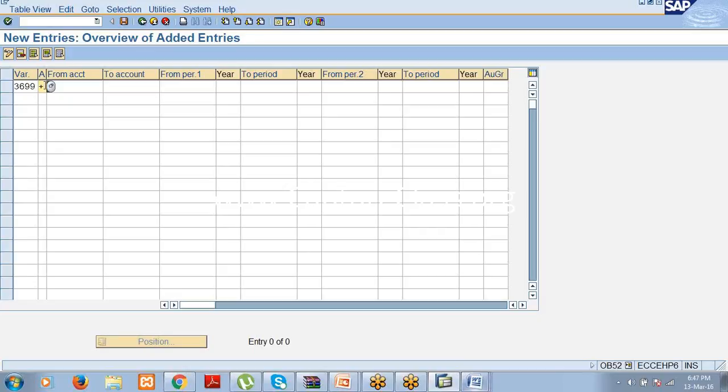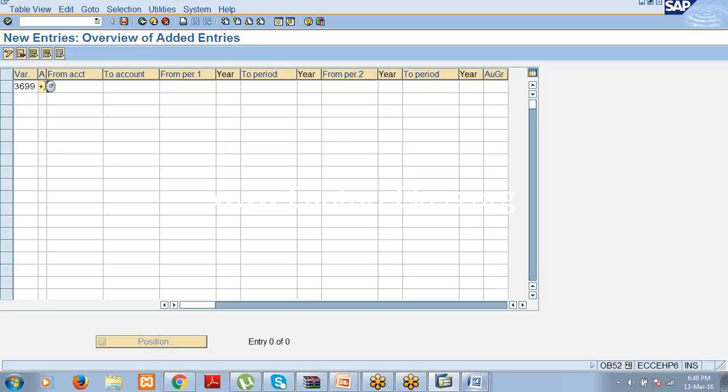If you want to apply it only for GL accounts, we enter S. If only for vendor accounts, we enter K. Only for customer accounts, you enter D. But here I have entered plus. Plus means the posting period variant is applicable for all the account types. Generally, the same posting period variant is used for all the account types.